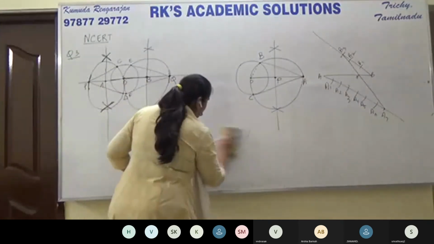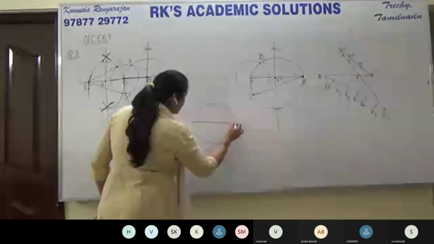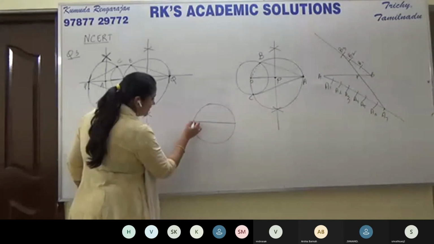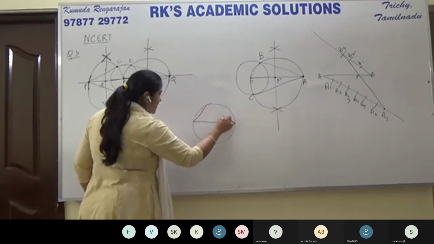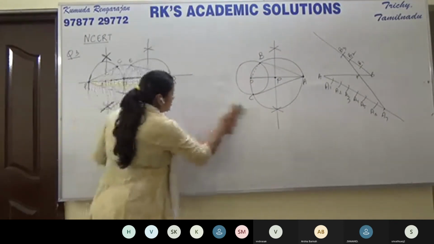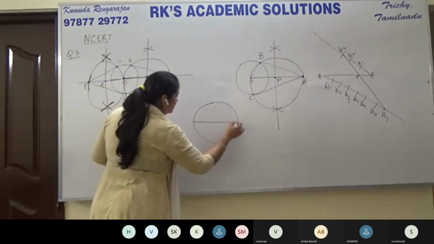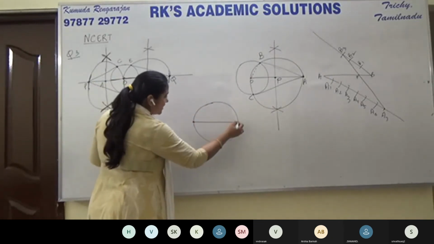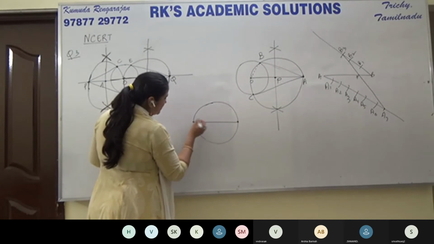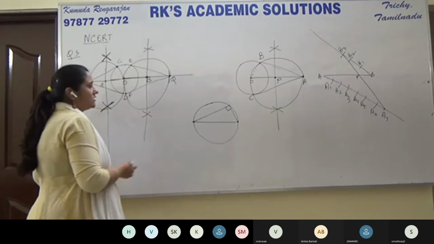Let's see it like this. Circle, diameter. From the ends of the diameter, if you pull a line segment like this and a line segment like this, anywhere, this is 90 degrees.